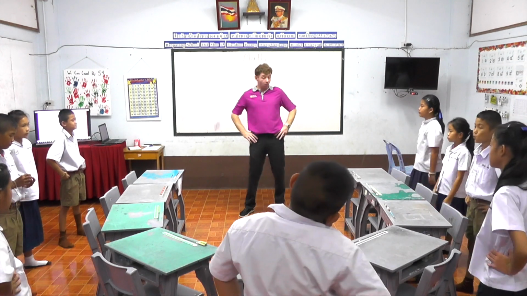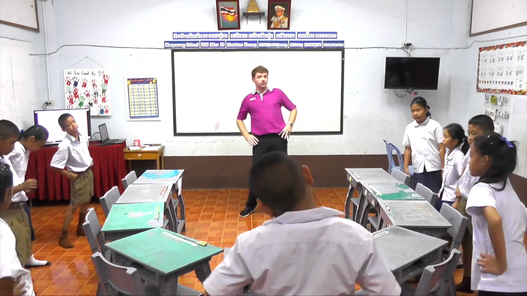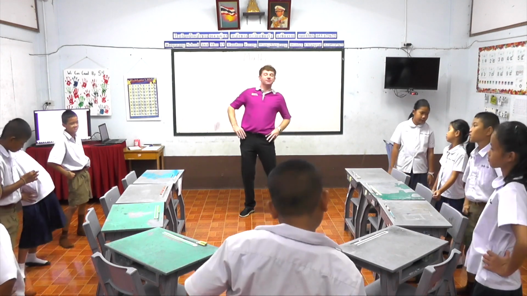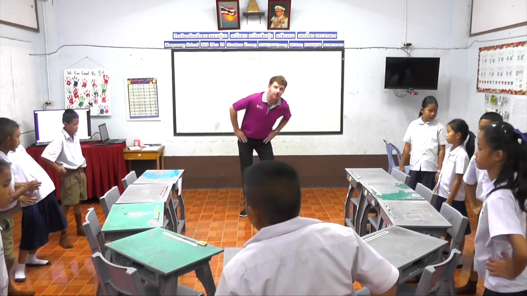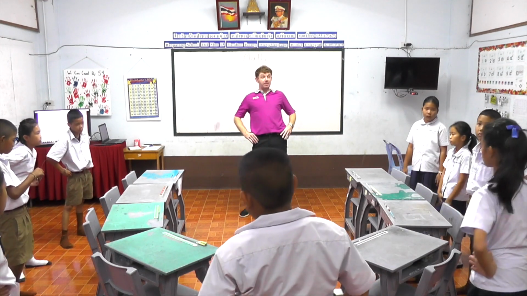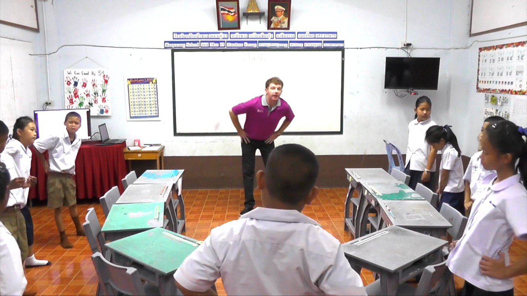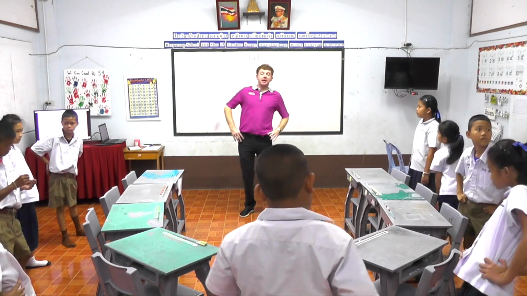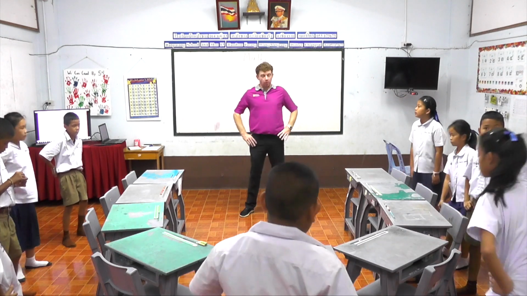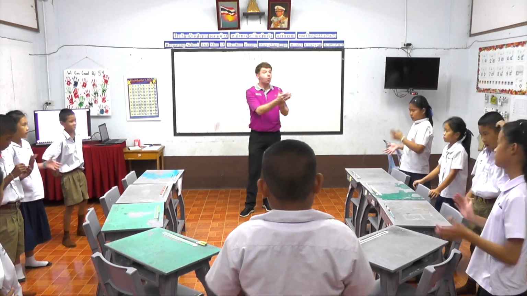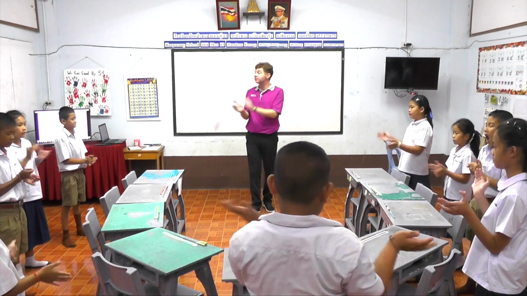And next we'll go round and round. This gives our spines a nice stretch before sitting back down. Stop. And then we'll go back the other way. Back and stop. Excellent, guys. And to finish, we'll do 5 claps. 1, 2, 3, 4, 5.